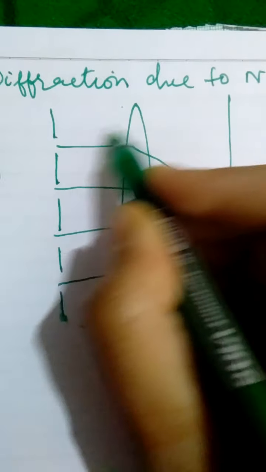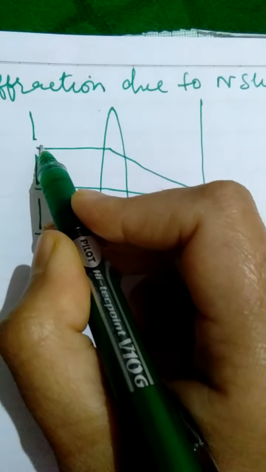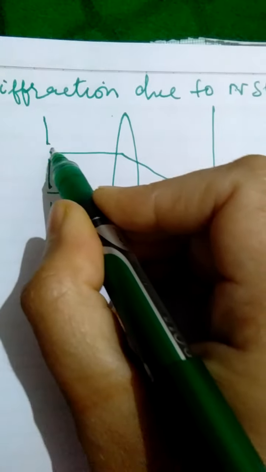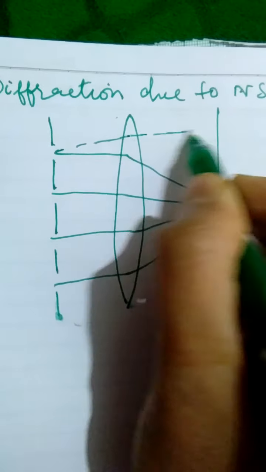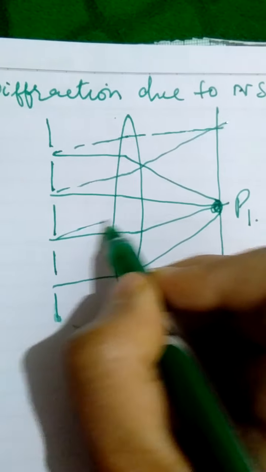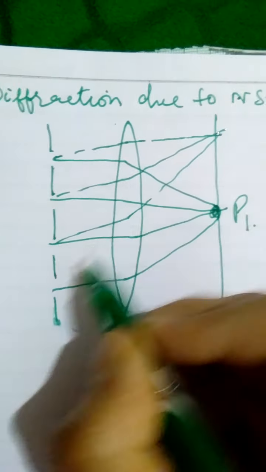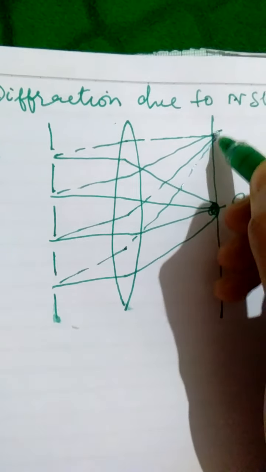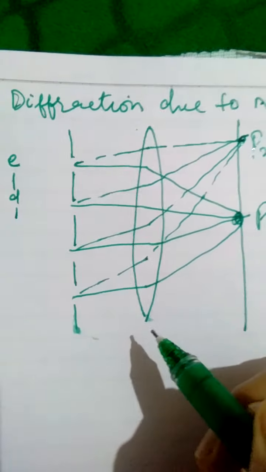Now on account of diffraction, since the rays of light bend, they keep on meeting at other points on the screen, on the upper side and on the lower side, right? So we can show it like this. So this is some another point P2.